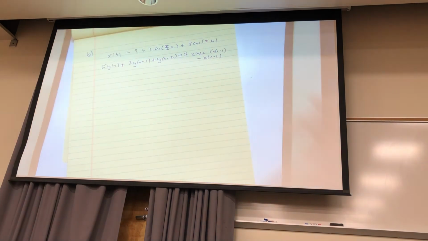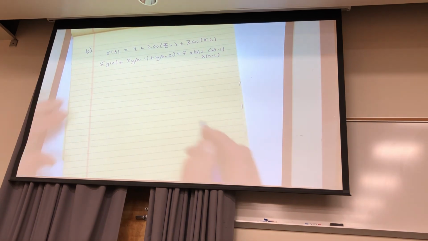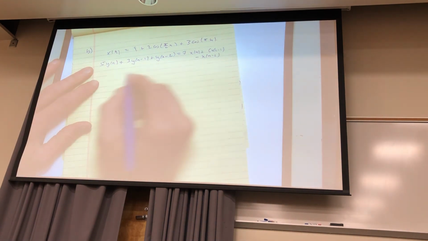So now what I'm going to do is take a z transform of that first, if you don't mind. And when I take a z transform of this, I'm just going to pull out the stuff.